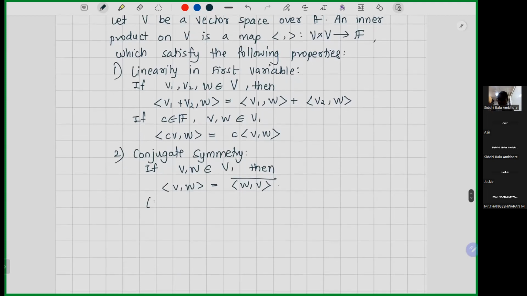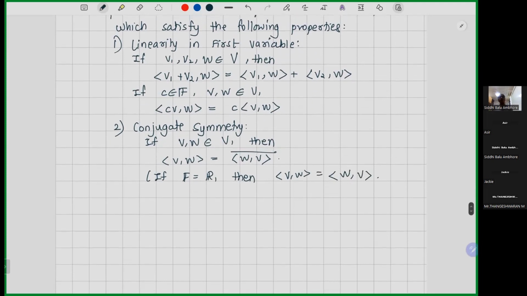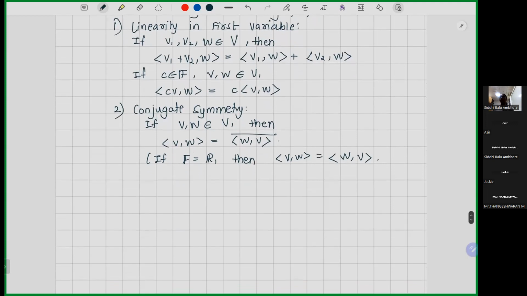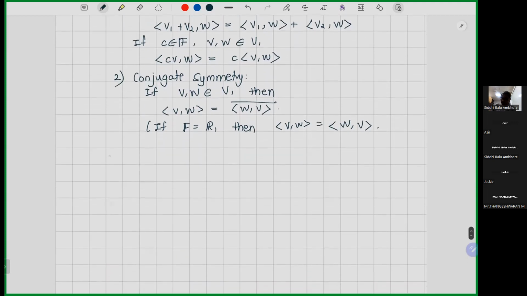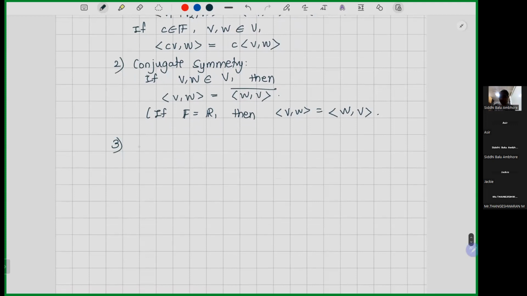So if F is R, then this conjugate symmetry becomes actually symmetry, that the inner product of V comma W is equal to the inner product of W comma V. And third one is positivity.